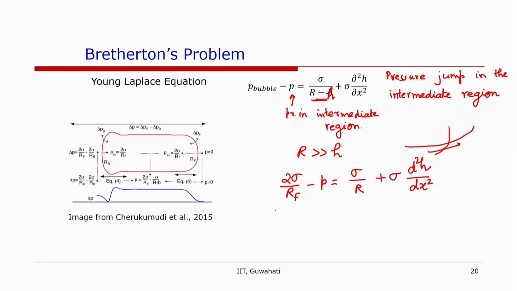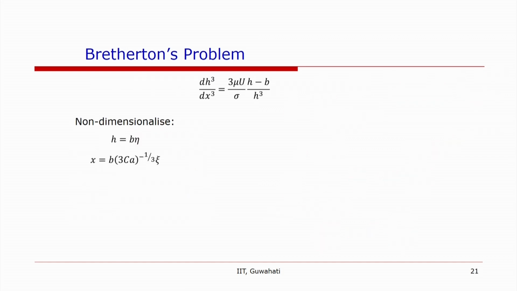So if we differentiate it, we get dp over dx is equal to sigma d cube h over dx cube minus here. So if we substitute that in the film region, then we will get this equation.